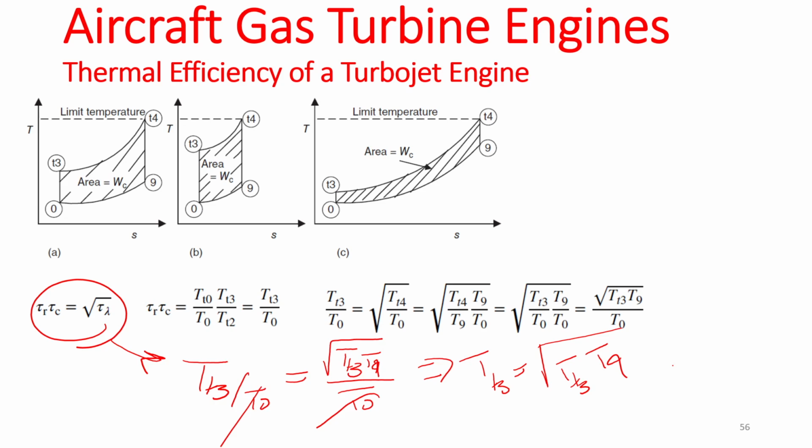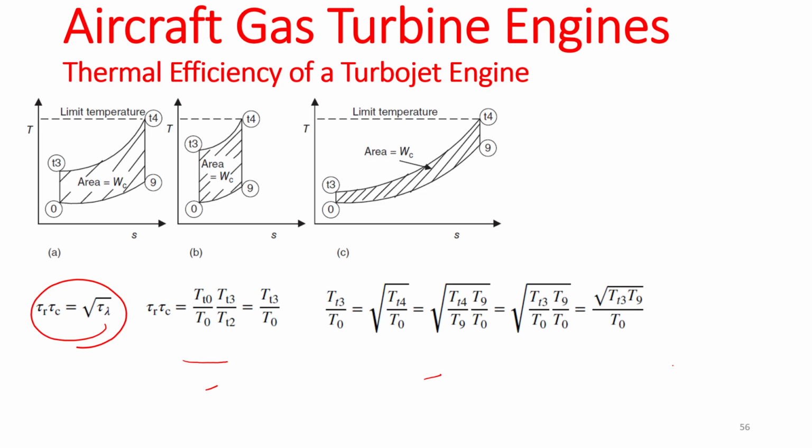So Tt3 squared would be equal to Tt3 times T9. Exactly. That's the idea. So essentially, to get the maximum work output, your Tt3 must be equal to T9.